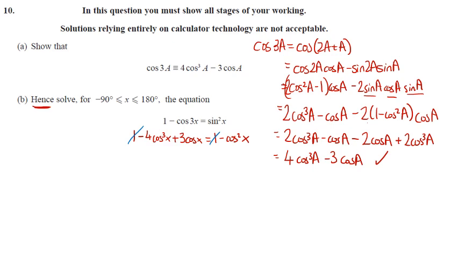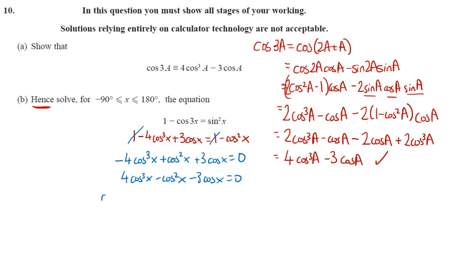and then if I bring everything to the left hand side, I've got minus 4 cos cubed x plus cos squared x plus 3 cos x equals 0. Let's multiply by minus 1. So 4 cos cubed x minus cos squared x minus 3 cos x equals 0.